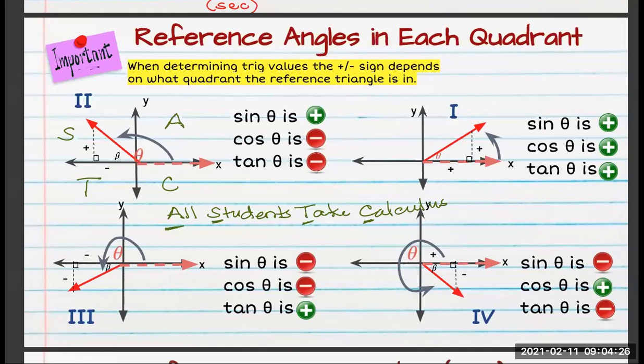Okay, so this is where we stopped last time. And what we did was we identified the signs of the trigonometric function in each of the quadrants. Now, when you read the quadrant, you start with the rightmost, okay?